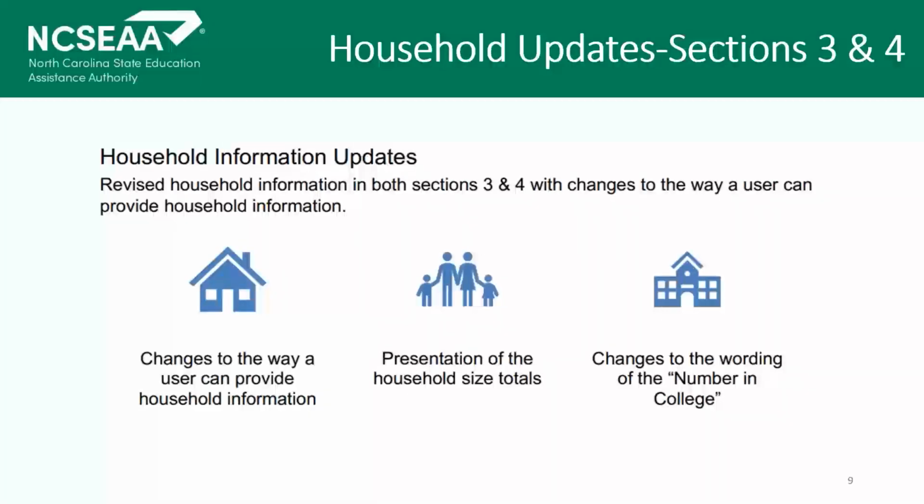So it changes the way a user can provide their household information. The questions are worded a little differently this year. In addition, there's a presentation of household size totals. It gives it more in table form, and I'll show you more in detail on the next slide. Changes to the wording have also been revised on the application, and we'll review that in just a second.